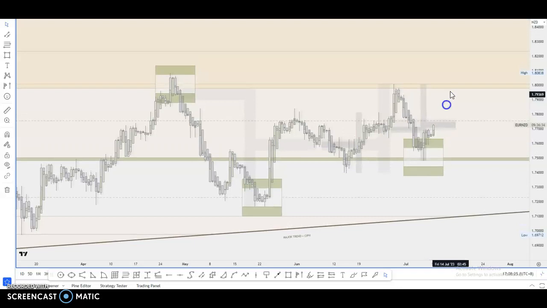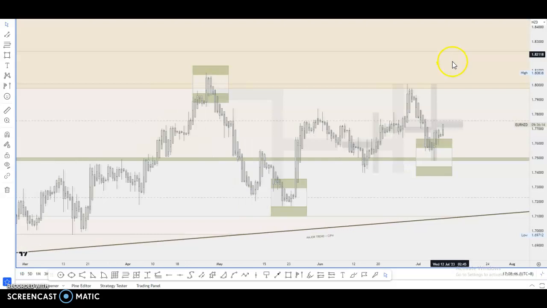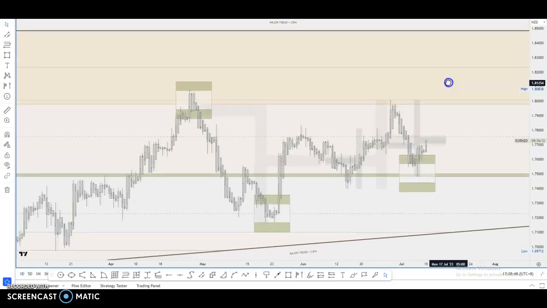This yellow line represents the very top of the year, or the very top of the bigger container. When I say container, I'm talking about the biggest time frame of the system. So this yellow line represents the top.